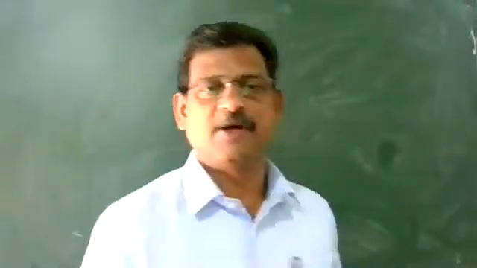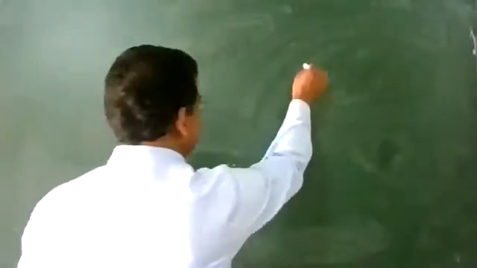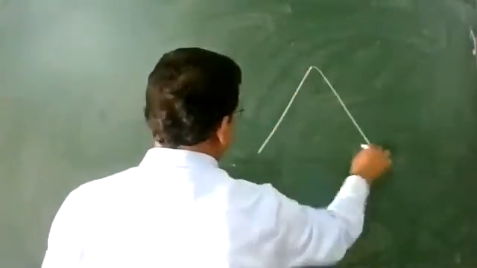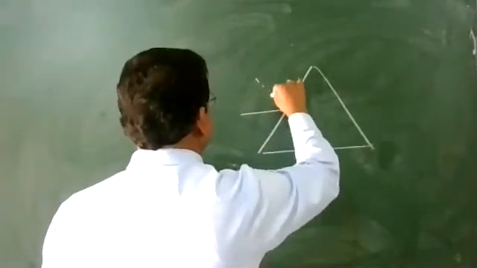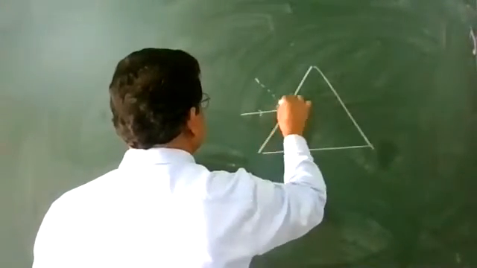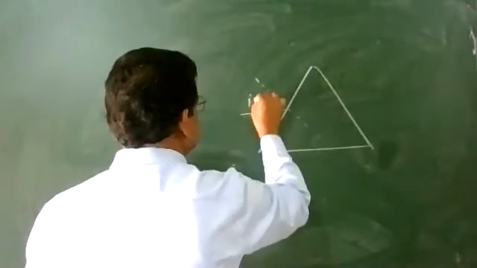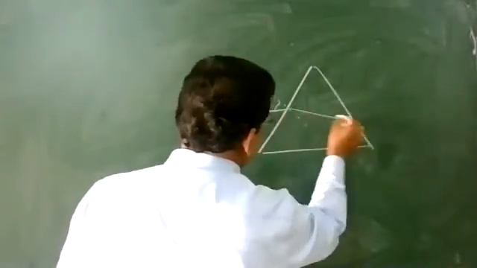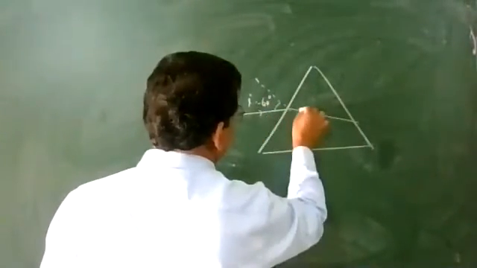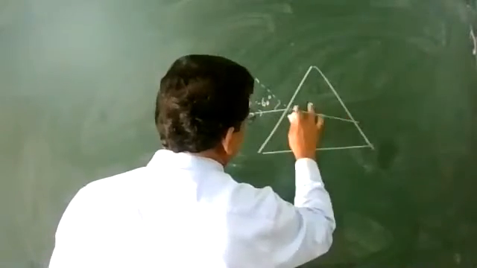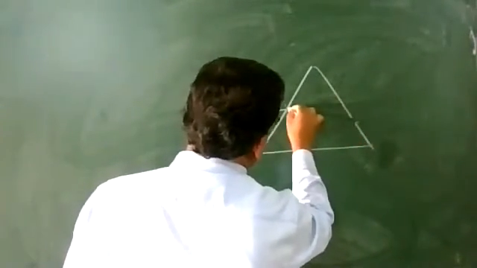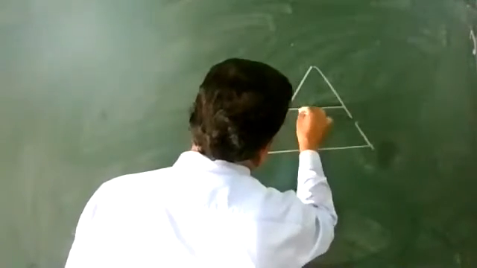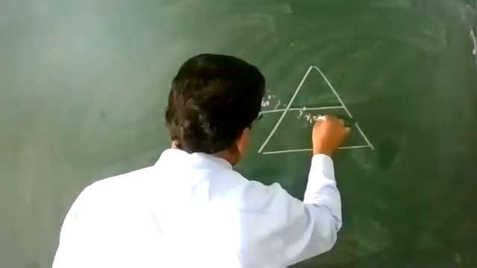Angle of prism is 60 degree and we have to find the angle of emergence. R1 equal to 30 degree.